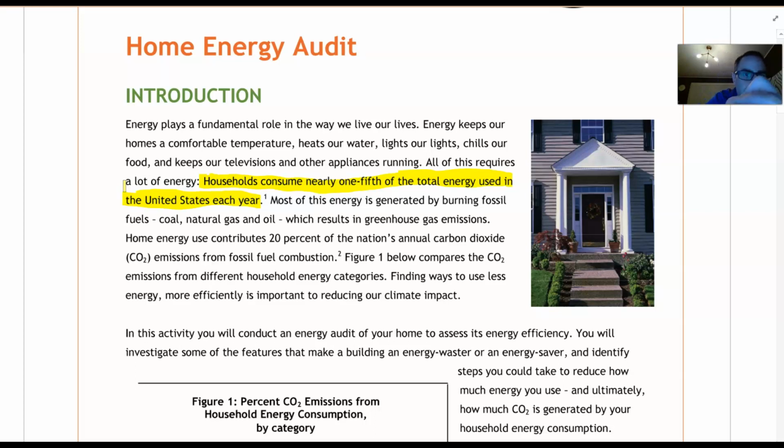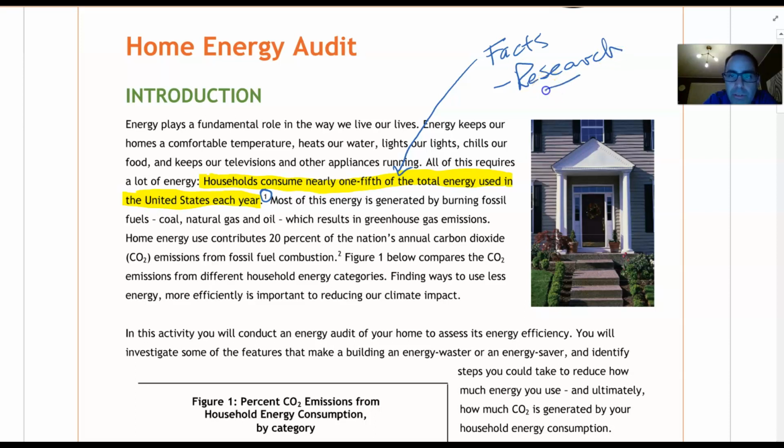Actually, before I jump into this, I just want to show you something right here. See that little number 1 there? That is going to be either a footnote or endnote. That number 1 corresponds with the fact that this sentence right here had facts in it, and the facts had to come from research.